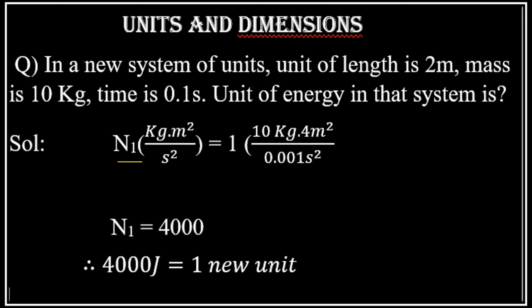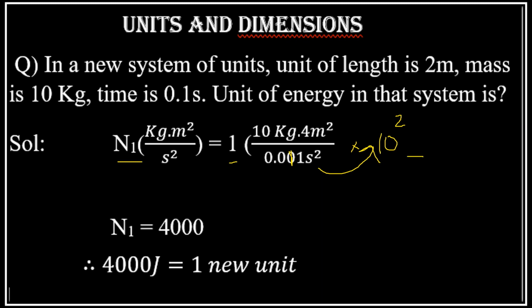Here the unit of energy is 1. We represent it by 10 kg, 4 meter square for the length, and 0.01 second square for the time. Finally, it becomes 10 square, 10 power minus 2. It becomes 10 square while going to the numerator. From this 2, if it goes to the numerator, it becomes 10 square. Finally, it becomes 10 cube in the numerator.